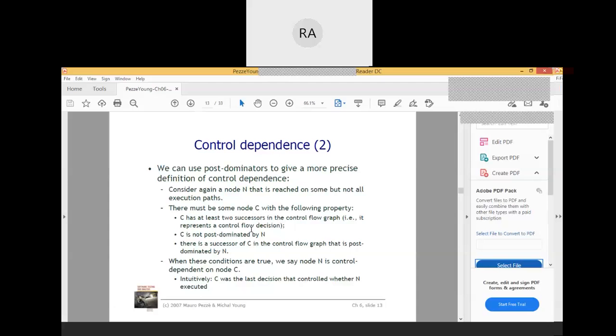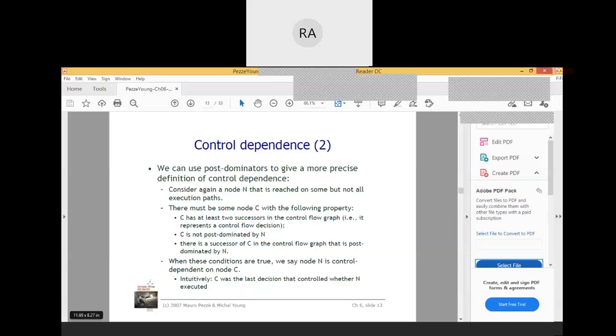First and foremost, C should have two successors in the control flow graph. At minimum, the number of successors for C should be 2, and C should not be post dominated by N. Here the word post dominated is very important.